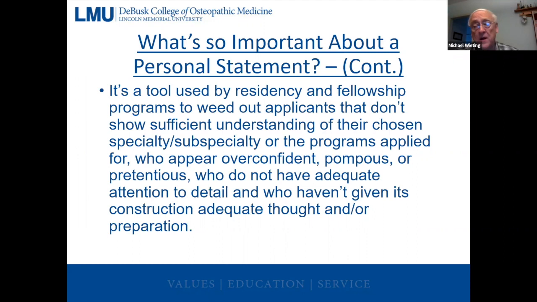No program director wants to hear in a personal statement about what you want to do after residency, except maybe one sentence that might say, I've been thinking about maybe pursuing X, Y, or Z after residency. But they realize that you haven't made that decision yet because you couldn't have in a well-informed way.